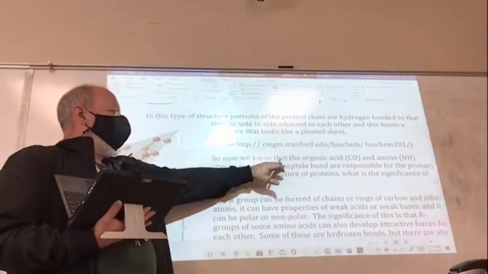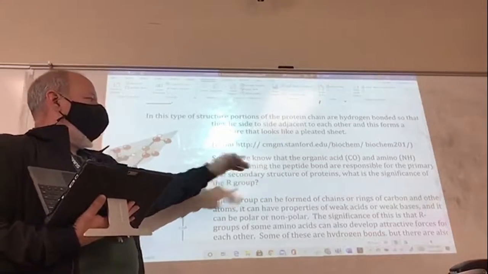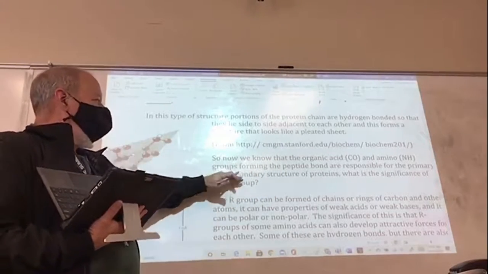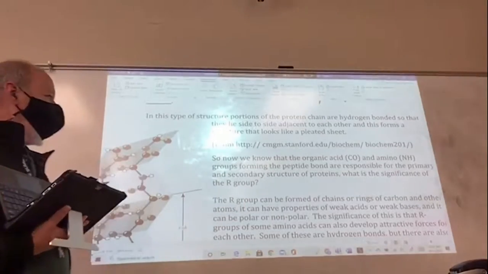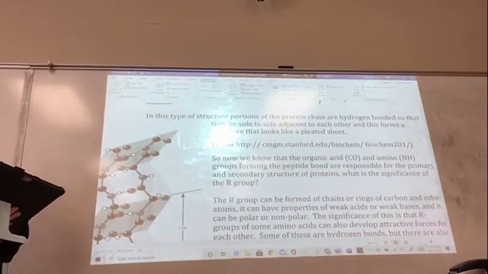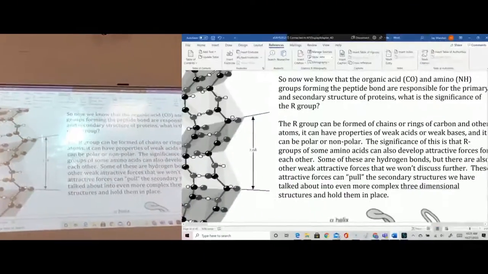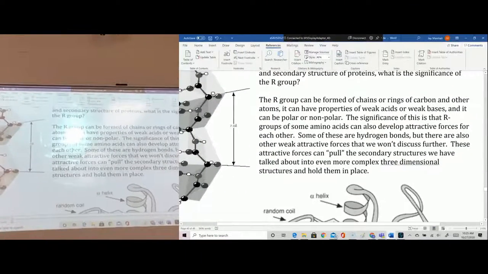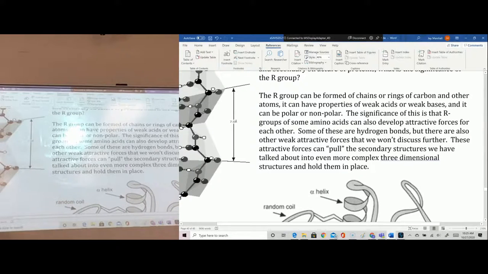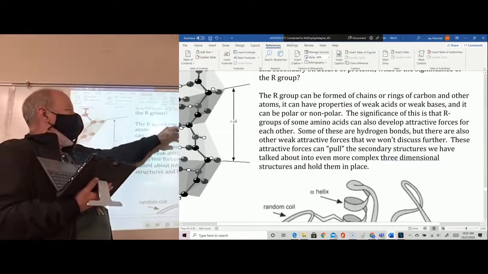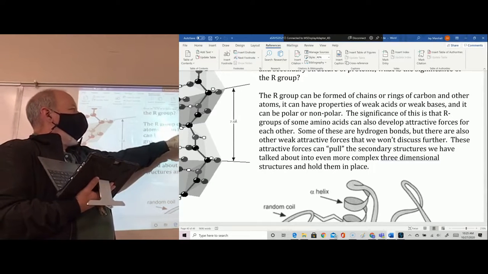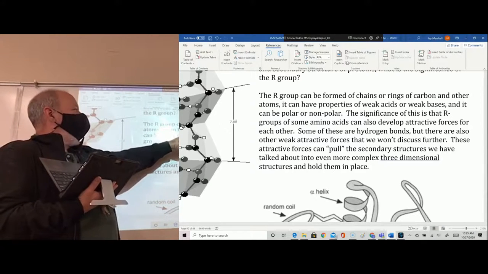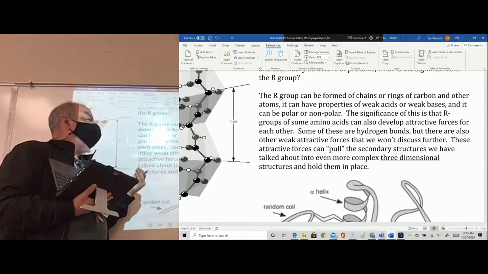Okay, so now we know that the acid and the amino groups forming the peptide bond are responsible for the primary and secondary structures of the proteins. Now, what is the significance of the R group? That's that third part of the structure. The R group can be formed of chains or rings of carbon and other atoms, and it can have properties of weak acids or weak bases, and it can be polar or nonpolar.